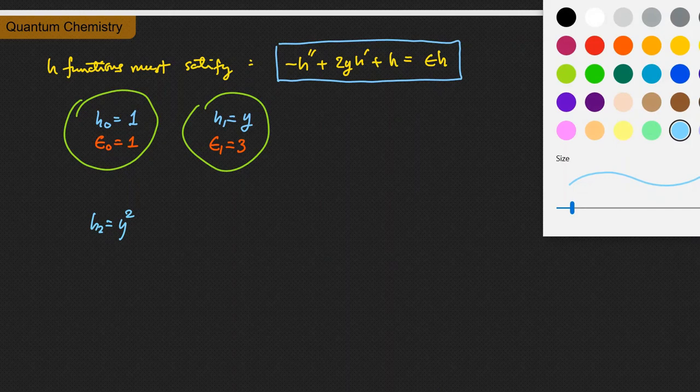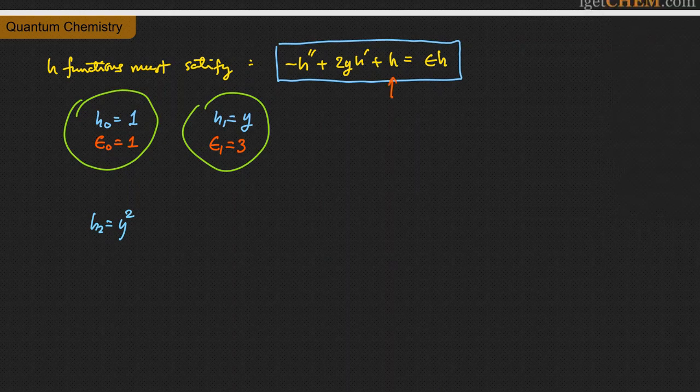If we do that, then h would be y squared. The derivative of h is 2y, times another 2y is 4y squared, and the derivative of that again is 2, so there's a minus sign in front of that.